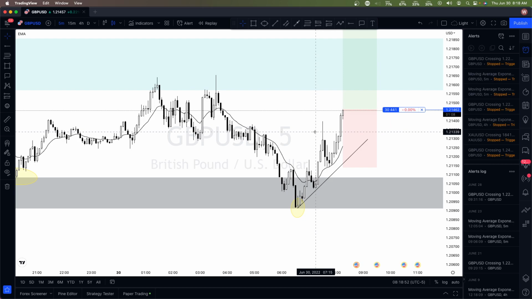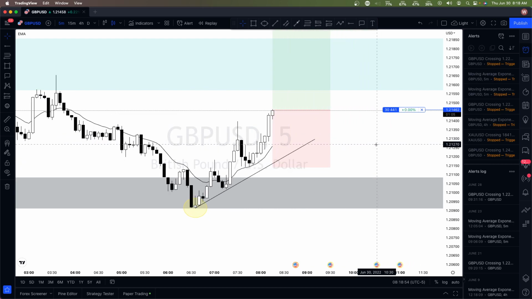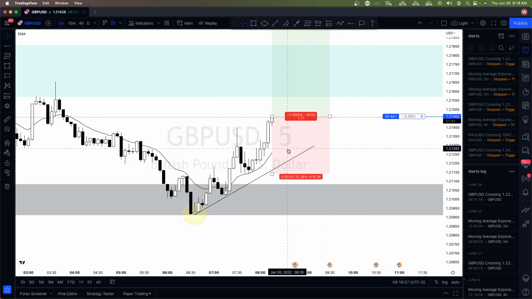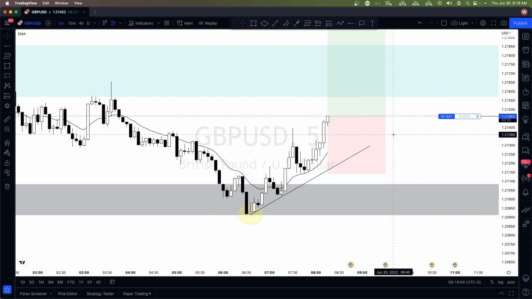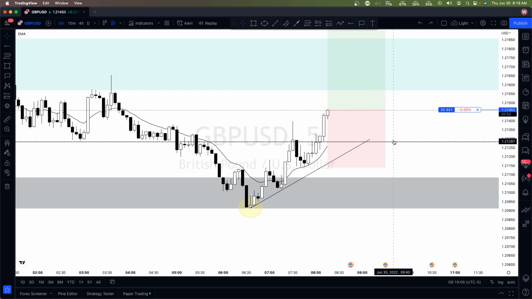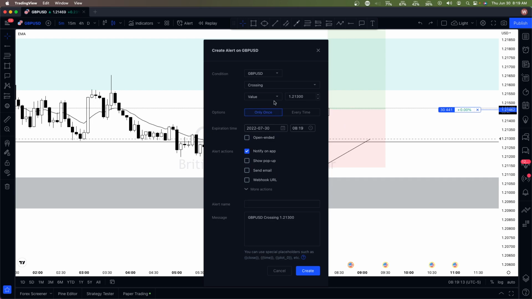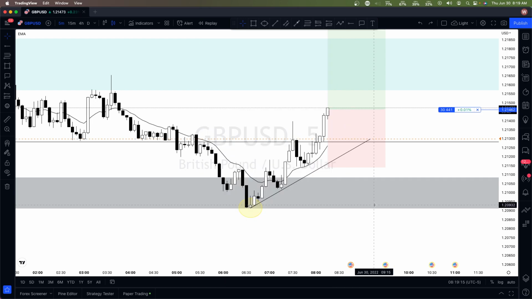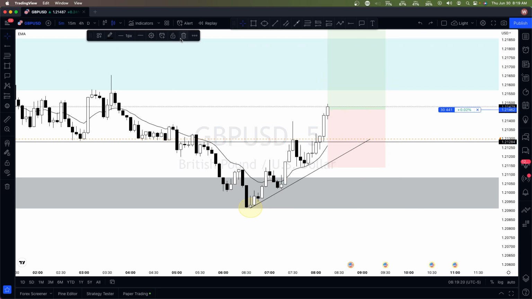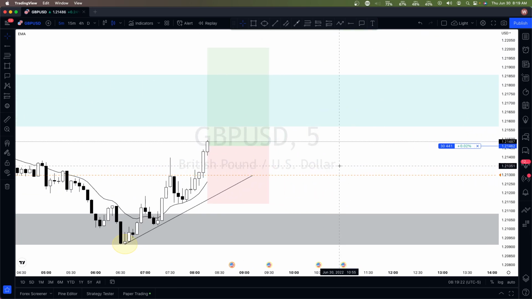I think I'll put it right here. We'll set it. So I'll set it right there. I'll delete that. And we'll come back when we got some movement. We'll see how this plays out.